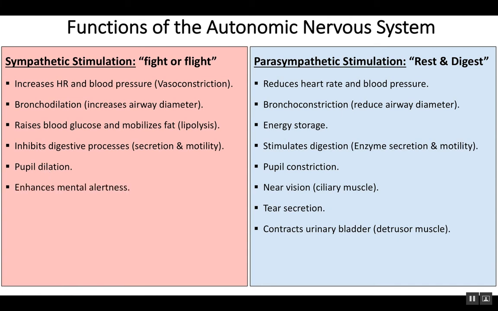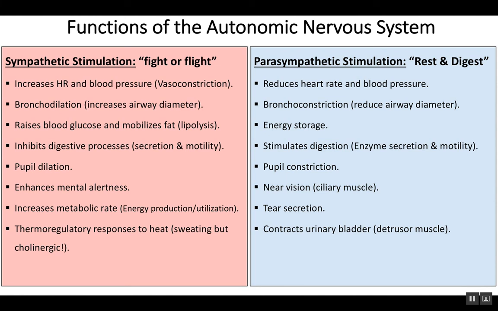Enhanced mental alertness, that typically helps you deal with an emergency situation. You're going to increase metabolism. So these are reactions that are occurring that either produce energy or utilize energy. So your metabolism is much higher during sympathetic situations. Exercise, fight or flight, emergency.